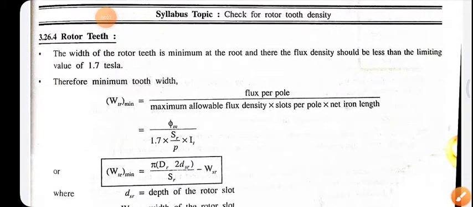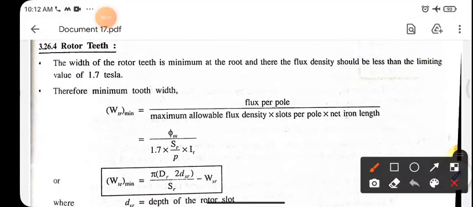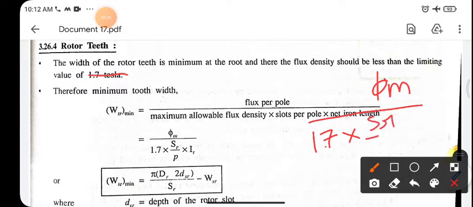The minimum tooth width is given by flux per pole upon maximum allowable flux density, slots per pole, and net iron length. Flux per pole is given by φm, the maximum flux density is 1.7, already decided, and the number of slots per pole is given by SR by P, where P is the number of poles and SR is the number of slots in the rotor.